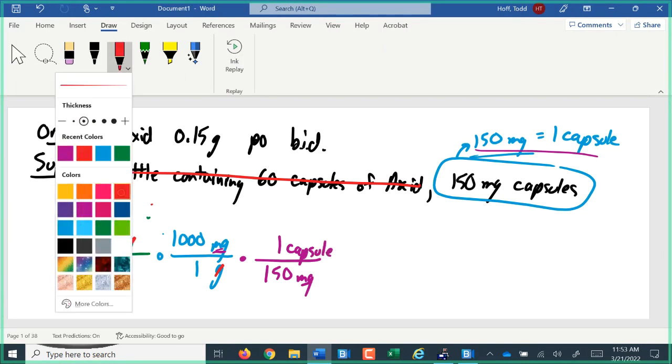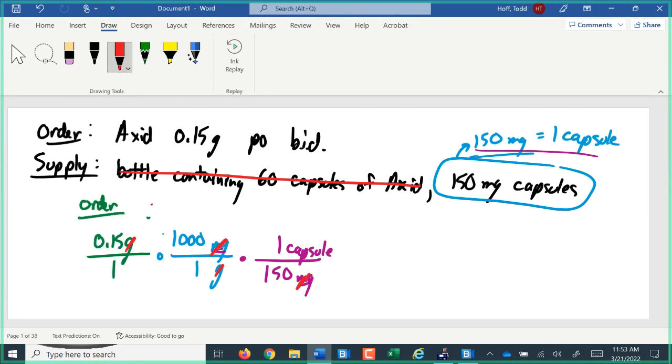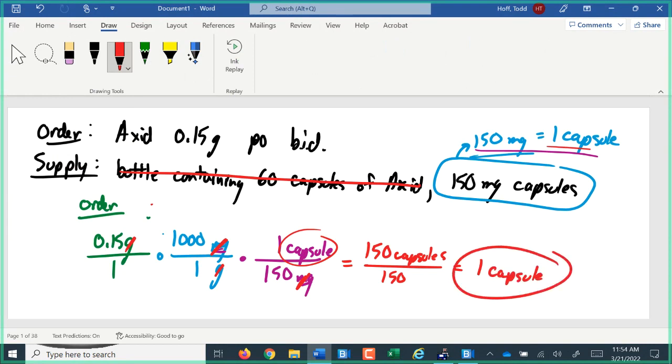So now we'll cancel out the milligrams, and our only unit is capsules, which is the unit that would make sense to administer here. So on top, we got 0.15 times 1,000 is 150 capsules. On bottom, 1 times 1 times 150 is 150. Well, 150 capsules divided by 150 is, of course, just 1 capsule.